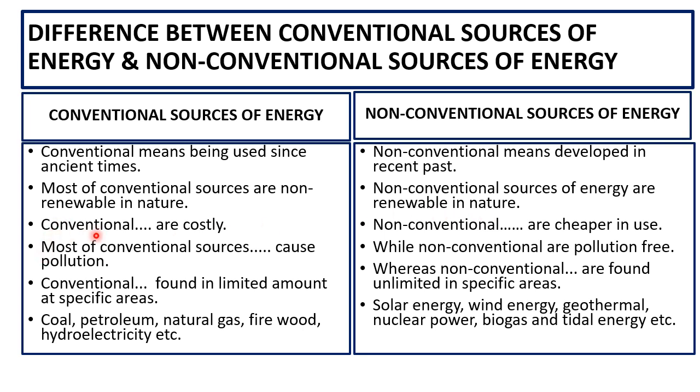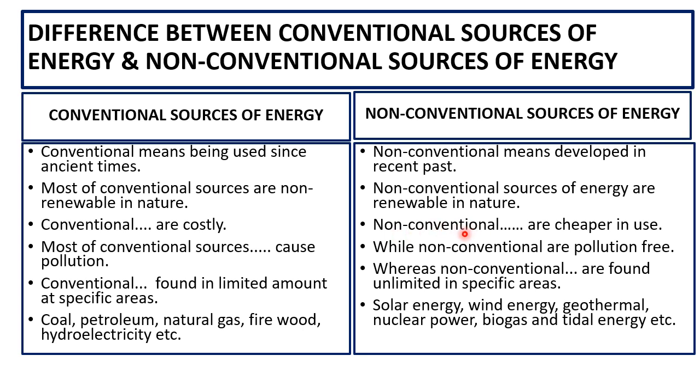The consumption or utilization of conventional sources of energy is very costly. Installation cost as well as utilization cost, both are very high, while non-conventional sources of energy are cheaper in use.